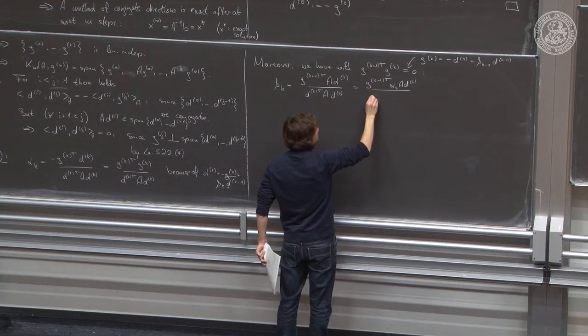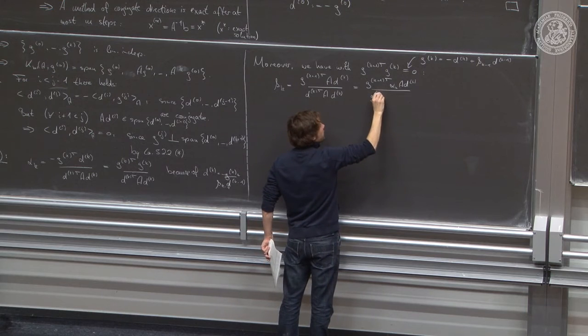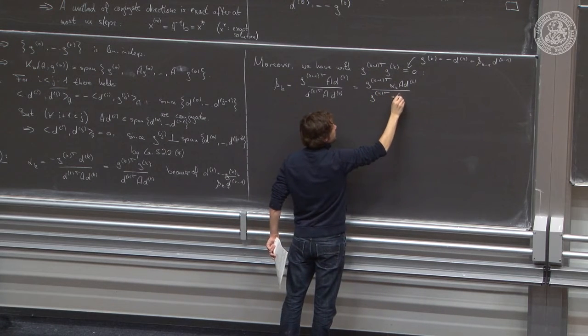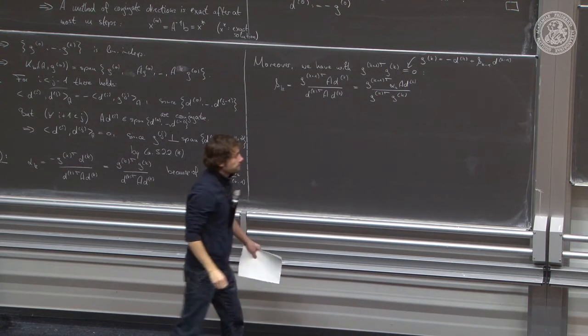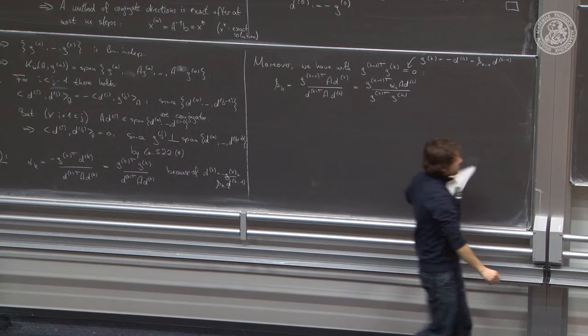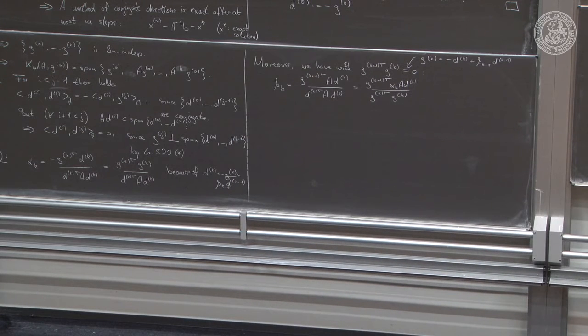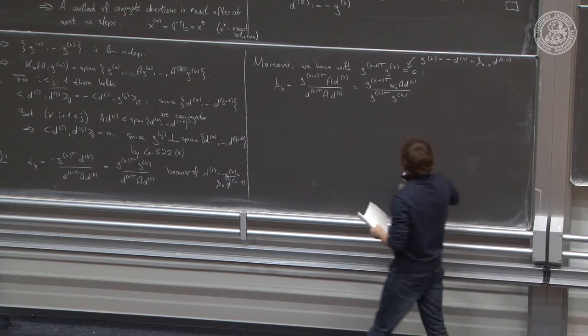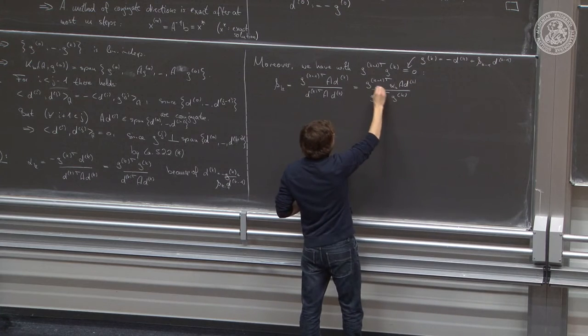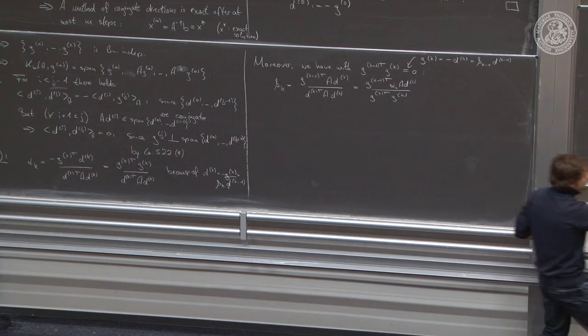So here below we have g_k transpose g_k. Okay, that's not so bad. Here we have the same as written here. We only have to verify that this guy is the same as this.